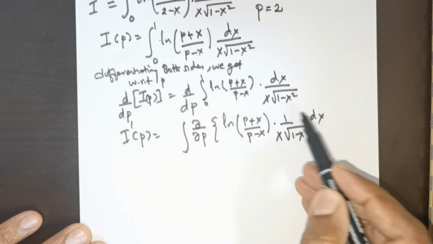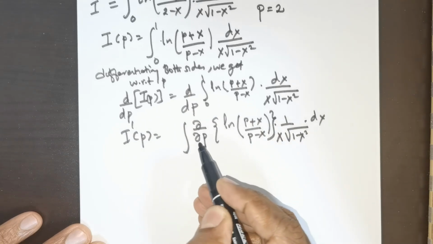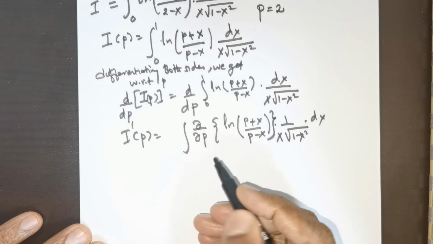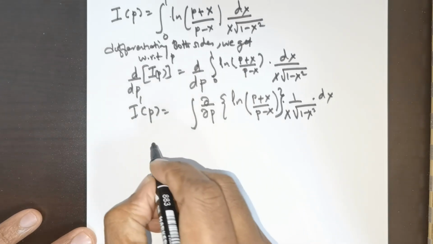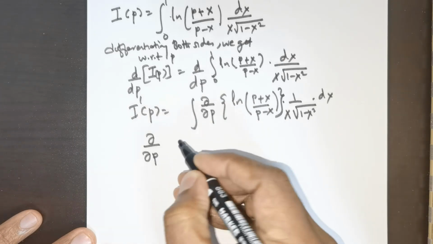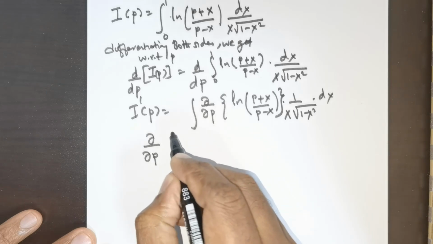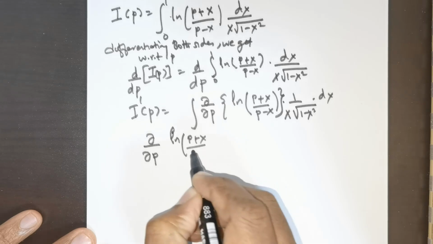Now clearly x is a constant because the differentiation is partially with reference to the variable p in question. So let me show you the output when we partially differentiate ln of (p + x) over (p - x).